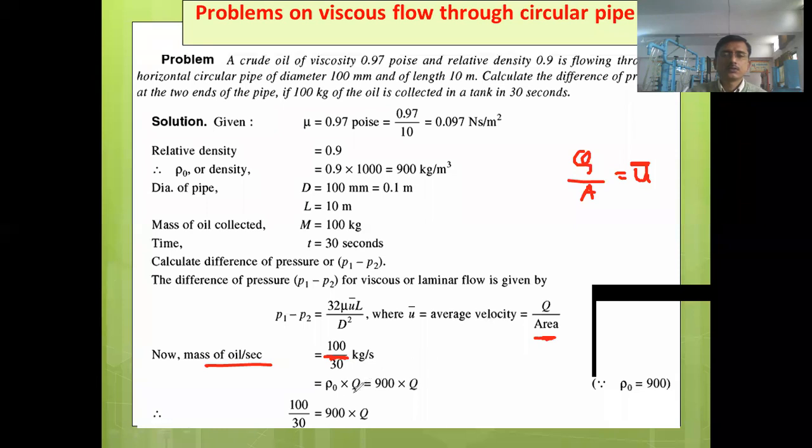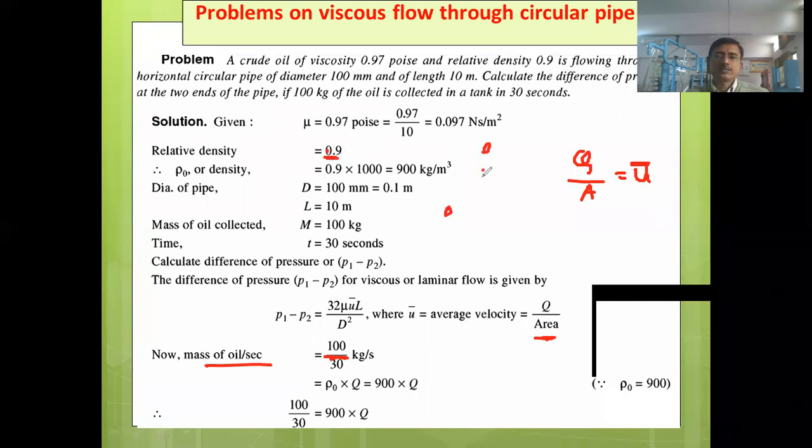So this is rho 0 into Q. What is this rho 0 now? This rho 0 is nothing but the density of the oil. Oil has a specific gravity of 0.9, right?